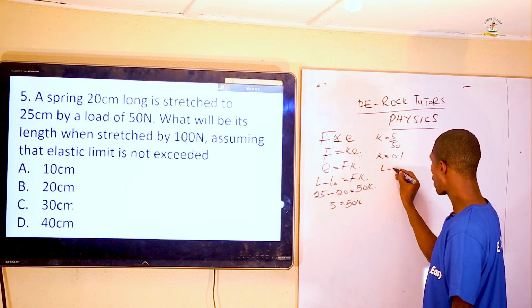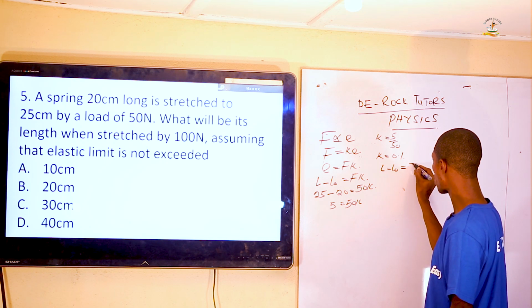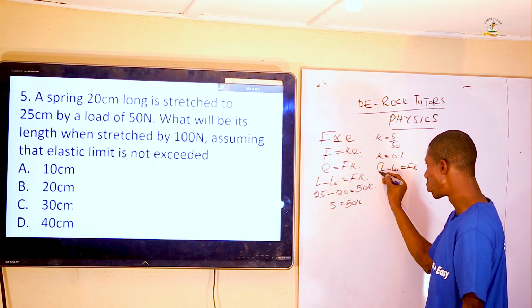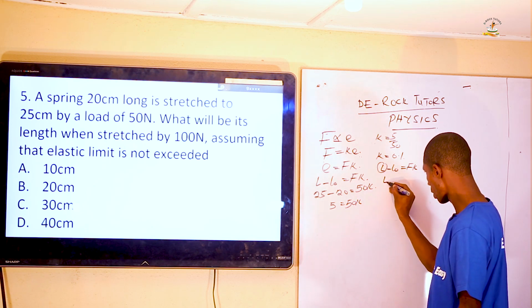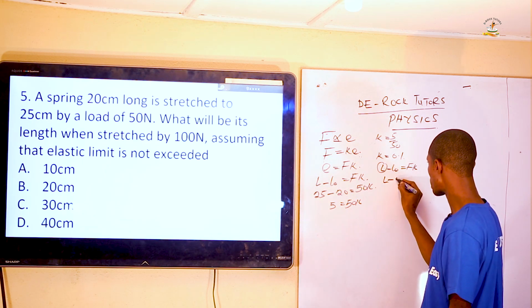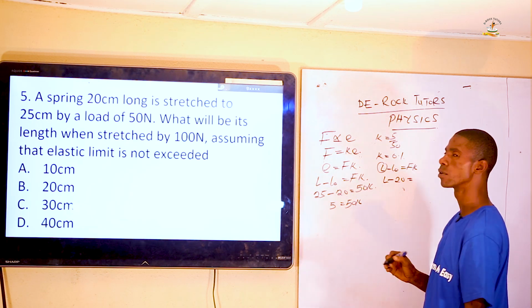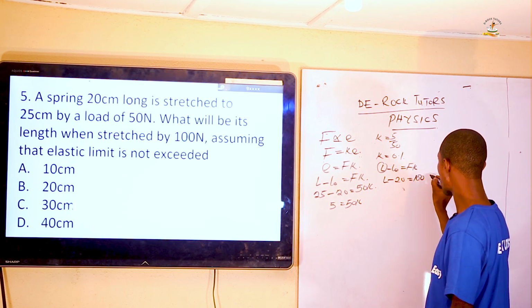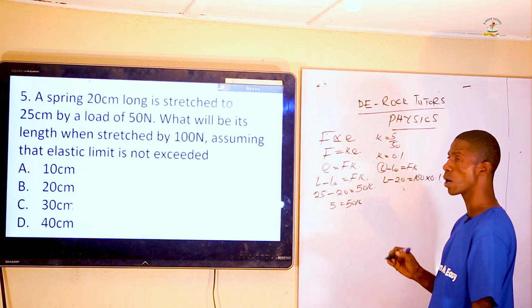I will go back again. My L minus L0 equals F K. Then I want to get this new length, which is unknown. The natural length is given in the question, which is L 20. But this time around, the force has now been increased to 100 multiplied by the constant, which I got as 0.1.